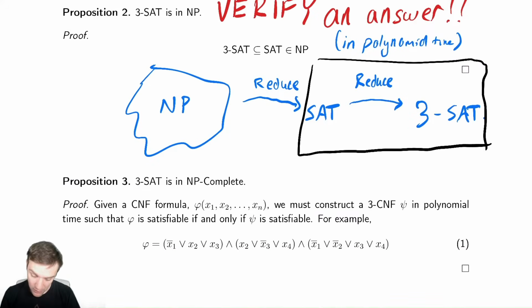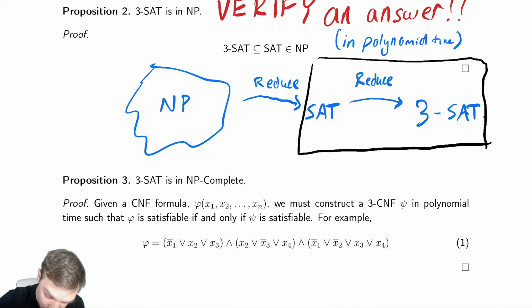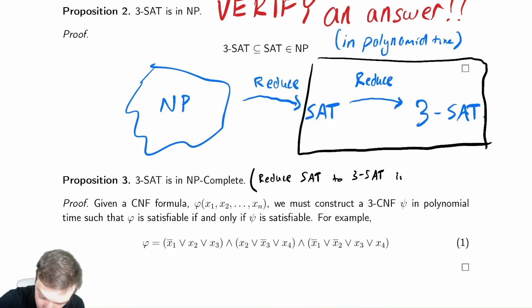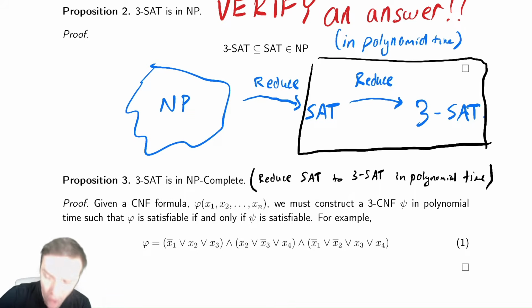So what I'm actually doing here, I'll write my actual proposition next to this, is reduce SAT to 3SAT in polynomial time. And all of our propositions going forward will read mostly like that. We'll say take this problem and reduce it to this problem. That is enough to show that it is NP complete.